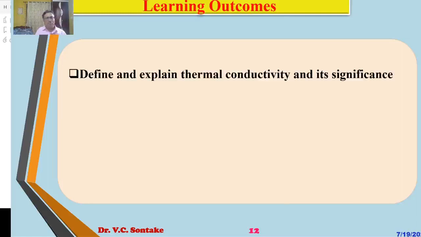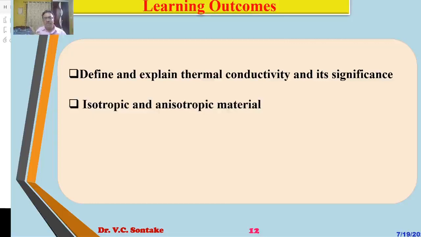So with this, I come to an end of this video lecture. After watching this video lecture, following are the learning outcomes. You will be able to define and explain thermal conductivity and its significance, and also the dependence and variation of thermal conductivity with respect to various parameters.